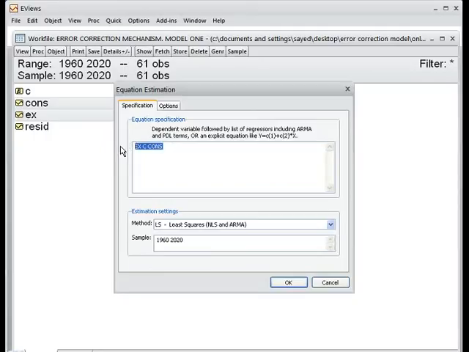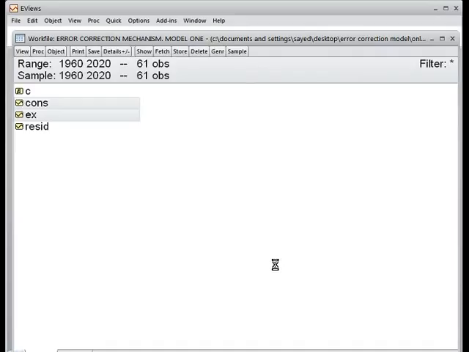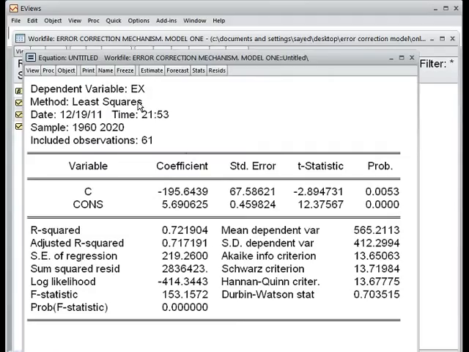Now we run this model. So the result has come up. Ex is the dependent variable and cons is the independent variable. The coefficient is 5.69, and cons is significant because the p-value is less than 5%.